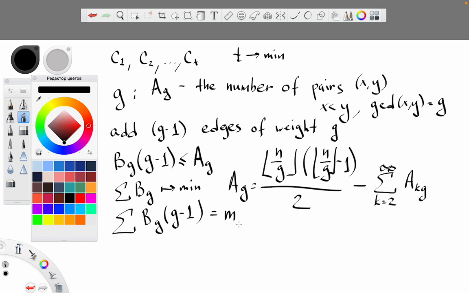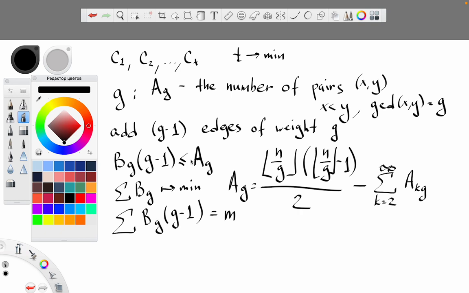Now the problem is that we want to get exactly m, but we can only take groups of exactly G minus 1. It feels like just the greedy will work.